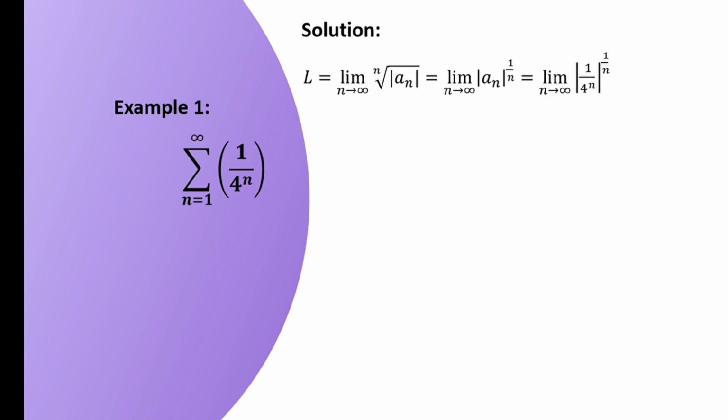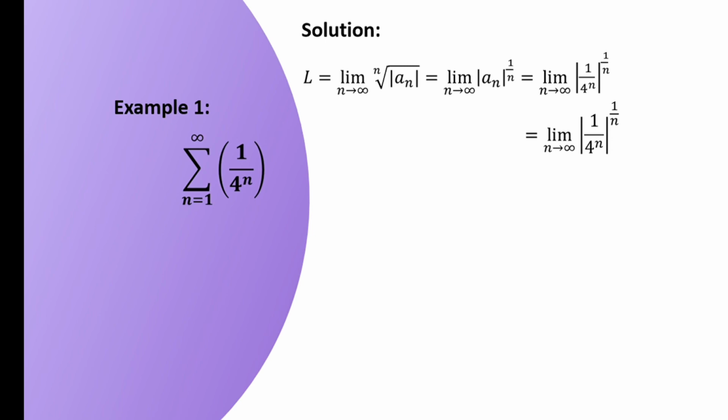Now, let's substitute the given data for a sub n, which is 1 over 4 to the power of n. And this will become the limit of the absolute value of 1 over 4 to the power of n raised to the power of 1 over n.